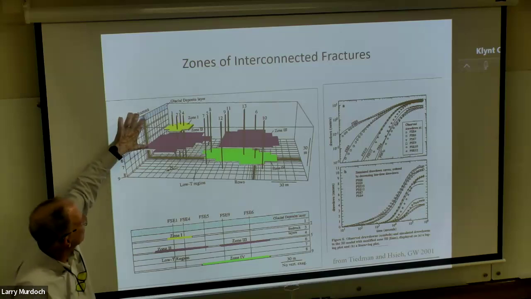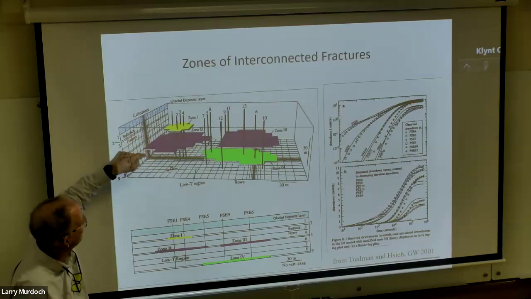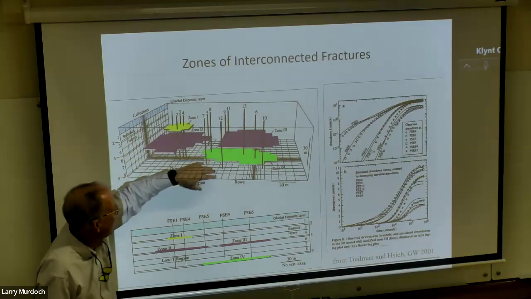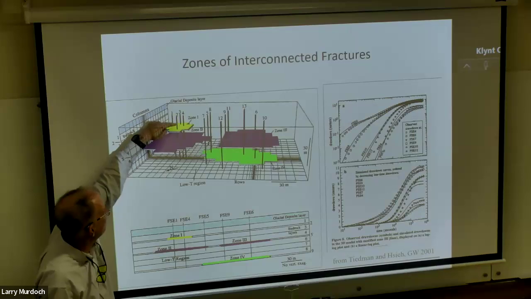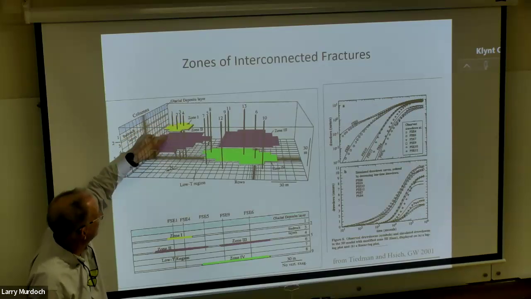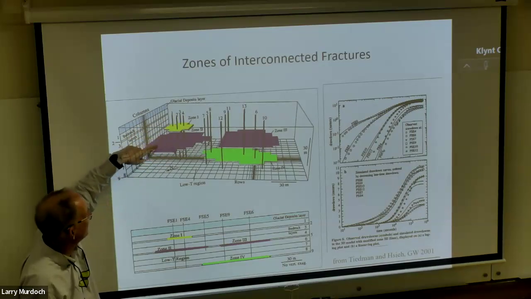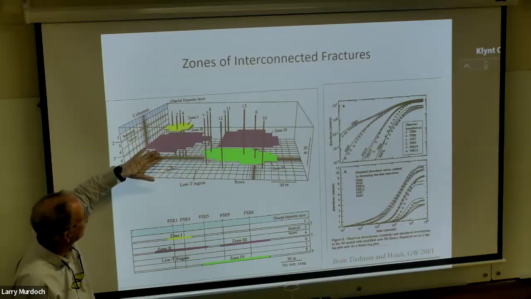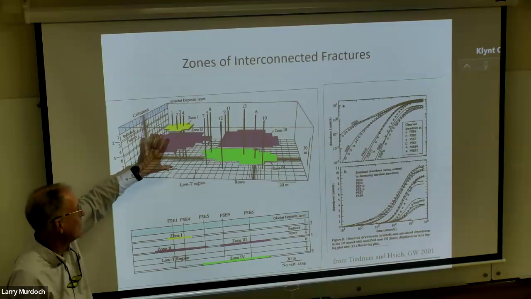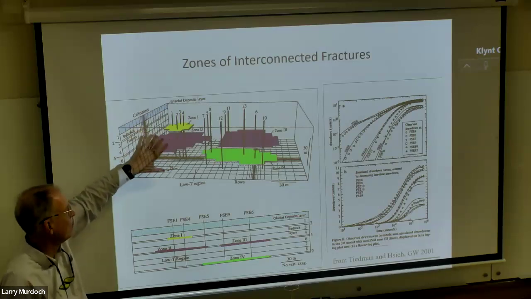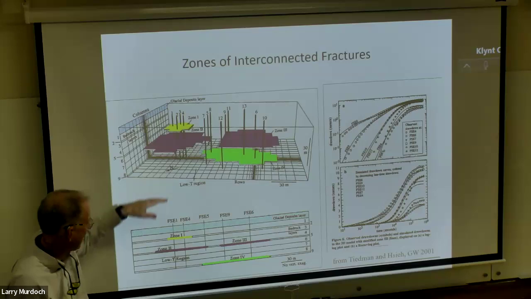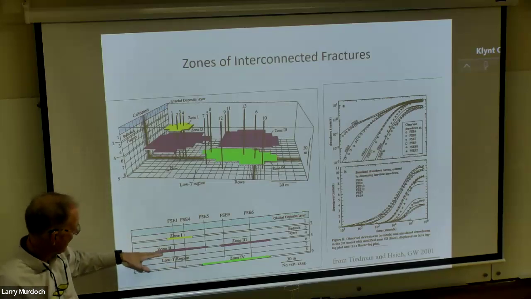So here's a figure from a paper that did a bunch of pumping tests. These are all wells, and they were able to pump these wells and see how the wells were connected to each other. And this is what they came up with for the conceptual model. This is up in New Hampshire, but it's in rock. It's very similar to what we have around here. So it looks like this in perspective, and here it is in plan view.